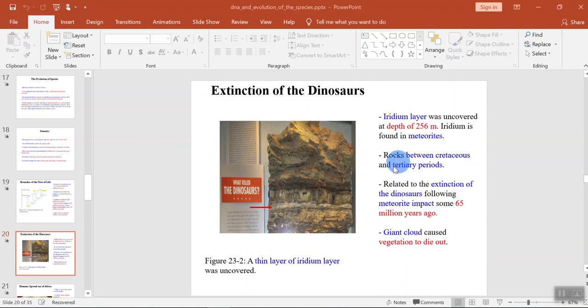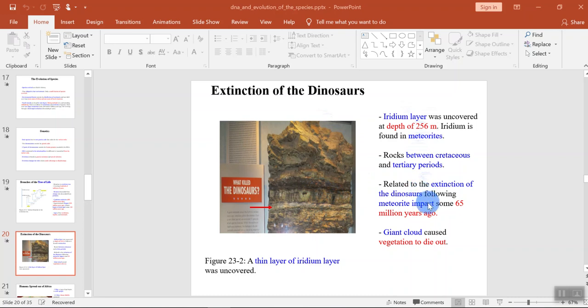Here we're showing a white rock layer that is rich in iridium at a depth of 256 million years, in many locations around the world. Iridium is found in meteorites. So this is between the Cretaceous and the Tertiary periods. This is related to the extinction of the dinosaurs.